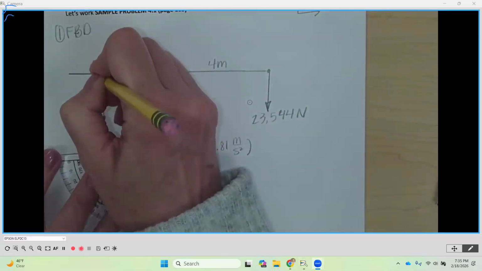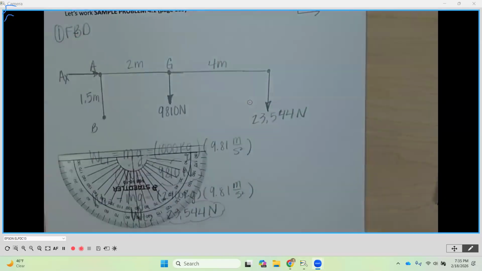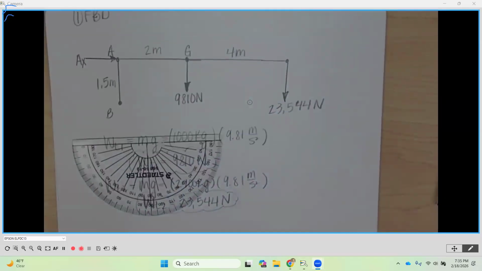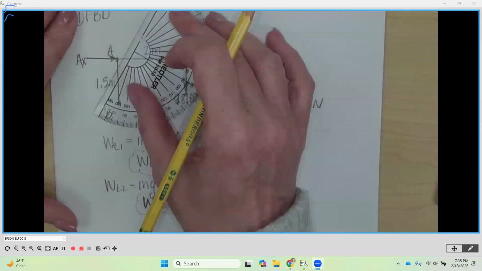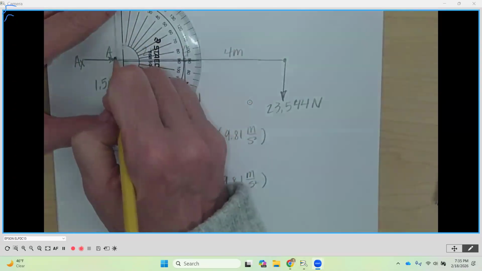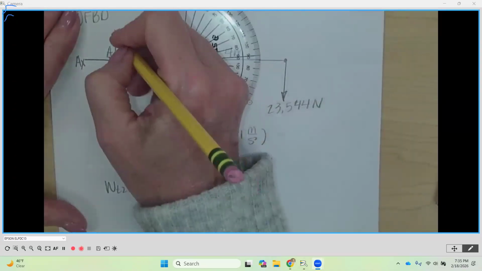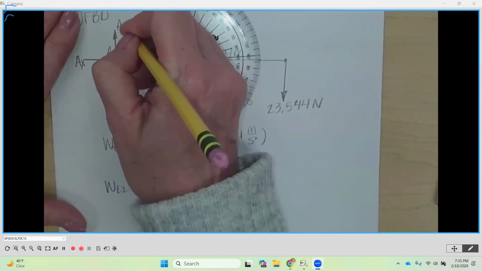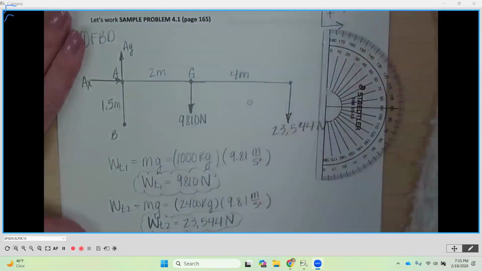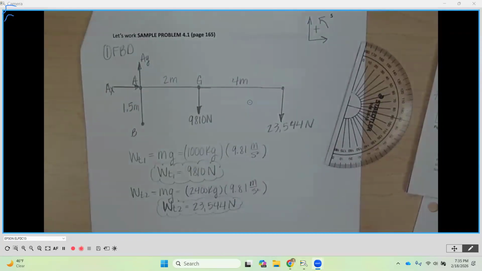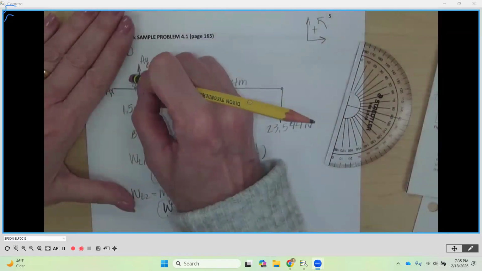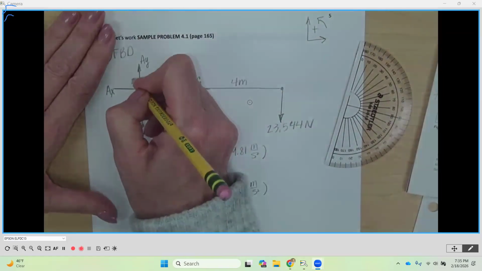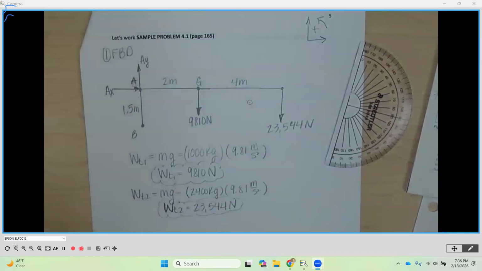We'll call this AX, and I'm just showing it going to the right. Then at A also the Y direction, AY, because remember, there are 2 reactions for a pin, horizontal and vertical. So AX, AY. 2 reactions at A.